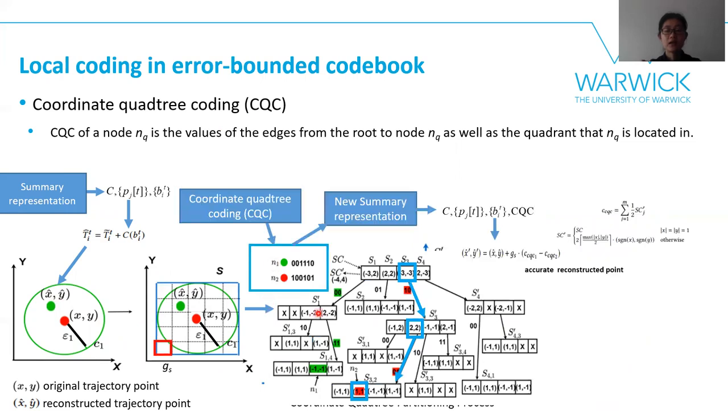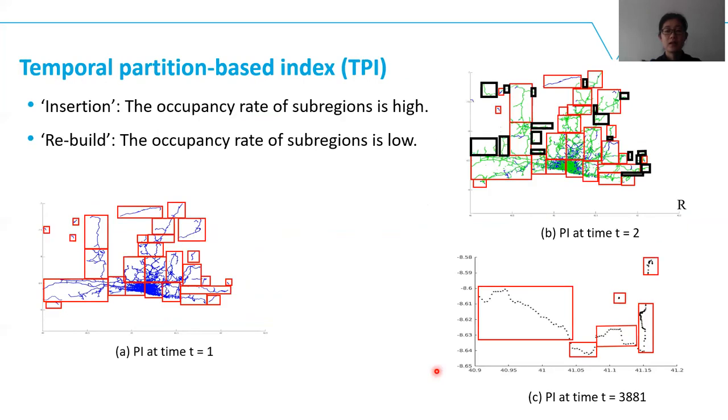With this local encoding, we can reconstruct the relative positions between the original point and its reconstructed one. The error here is reduced to at most half of the diagonal length of the grid cell, and we can get more accurate summarization.